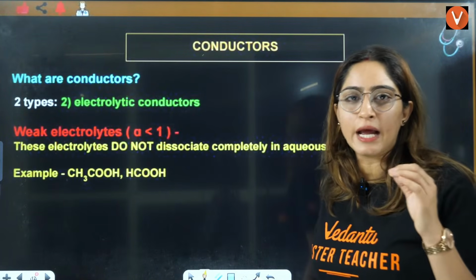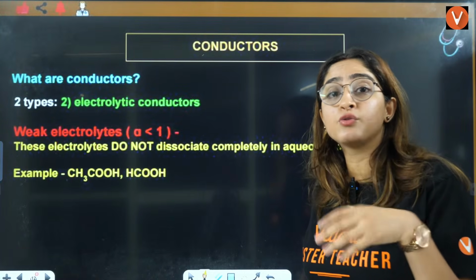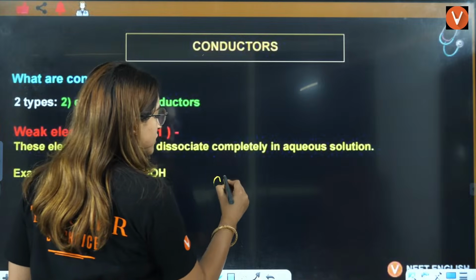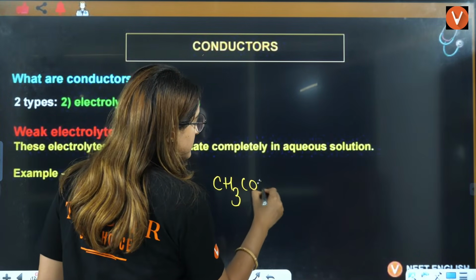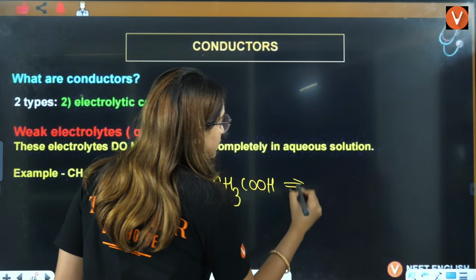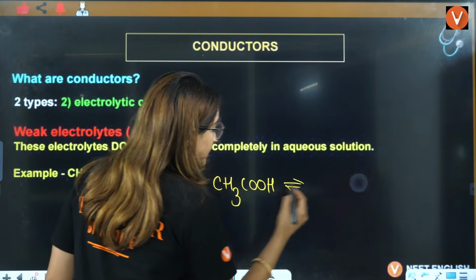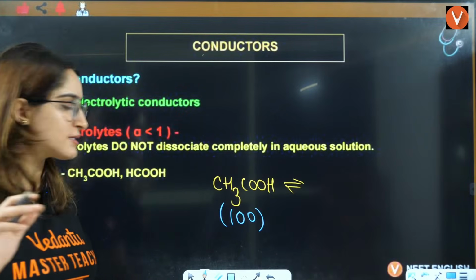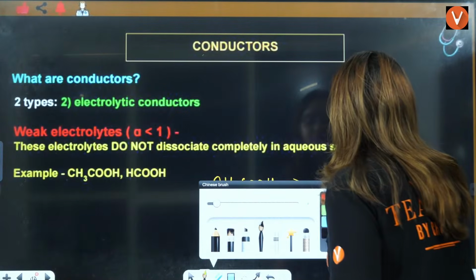A weak electrolyte is one which does not dissociate to 100%. Let's take an example of CH3COOH, right? Here, I'm assuming you have 100 molecules. Out of this, let's say it is 50% dissociated.